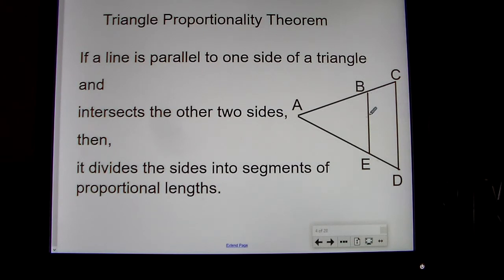So in other words, if the line BE is parallel to this particular side, CD, and it intersects the other two sides, then it divides the sides into segments of proportional lengths. Okay? Meaning this side length multiplied by some number will get us this side length. That's what this is saying.